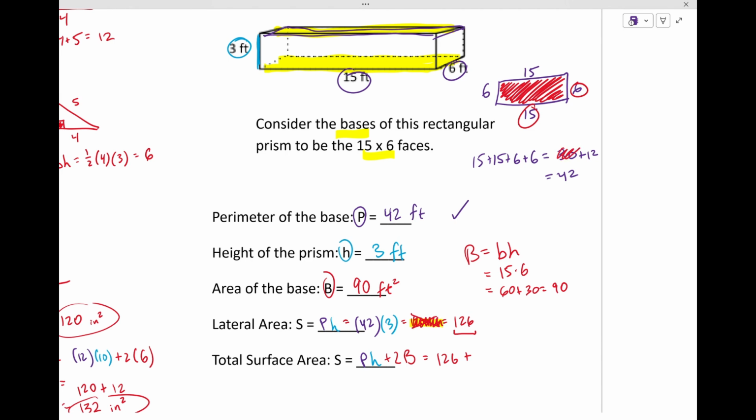Okay, 126 is our P times H, but we also have to add the 2B, which we're missing. We said B over here was 90 square feet, times 2 is 180. I add this all together, 126 plus 180. I believe we're going to get 306. Okay.